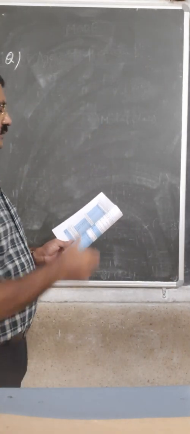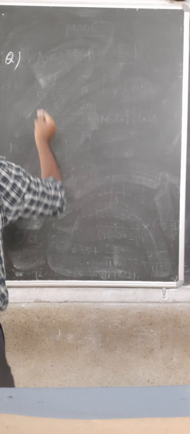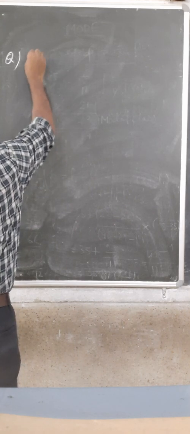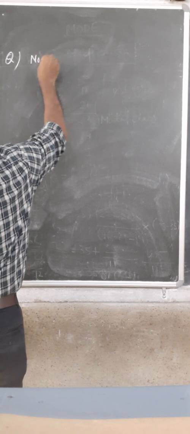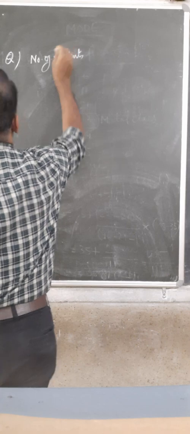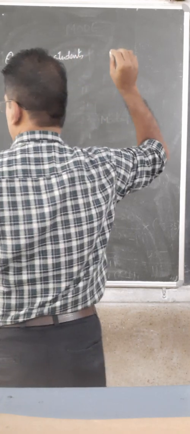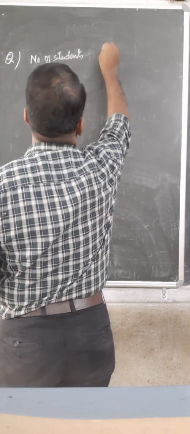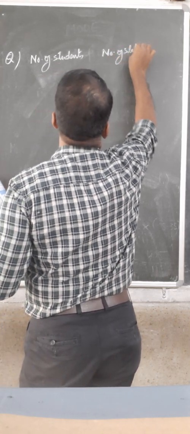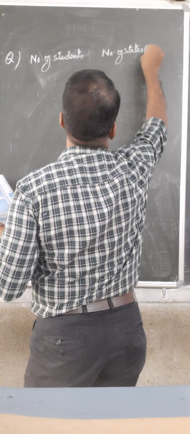Okay, in the next question, number of students and number of states means frequency.